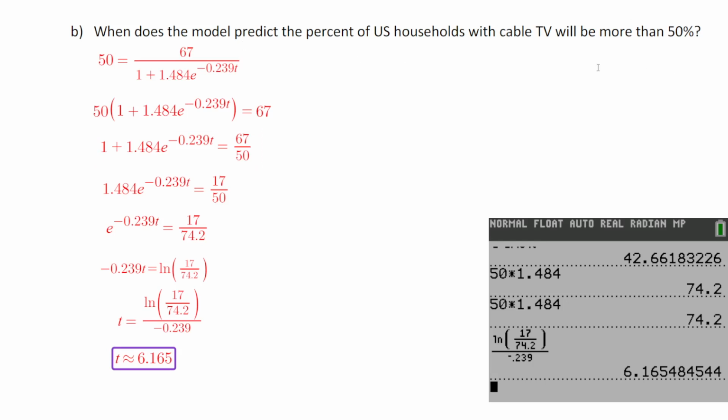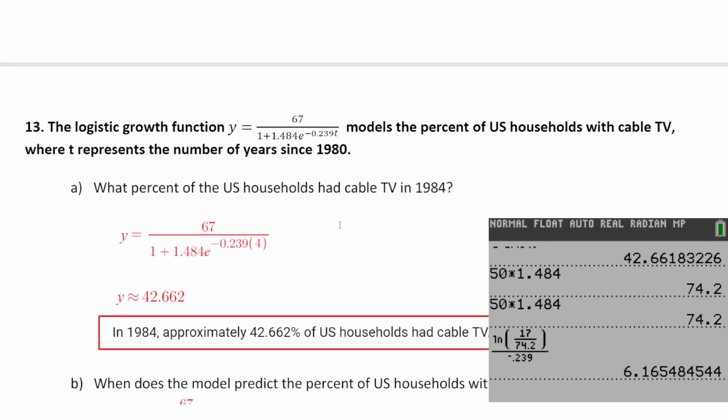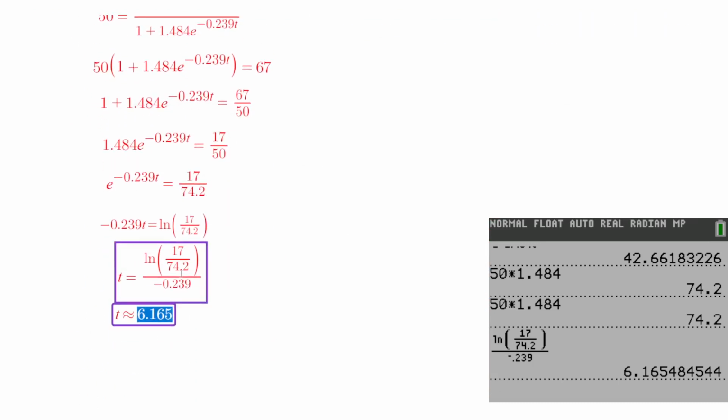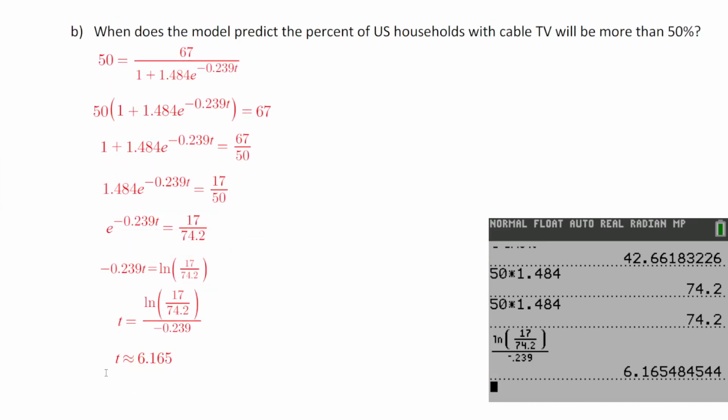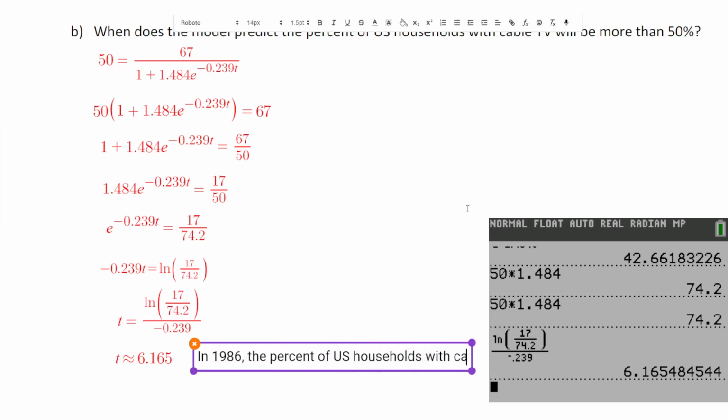So in what year will it be more than 50%? So we'll just add this to 1980, and so that's going to put us somewhere in early 1986. So I'll say that in 1986, the percent of U.S. households with cable TV will be more than 50%.